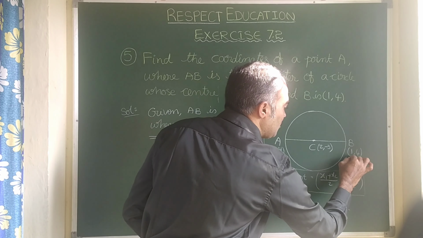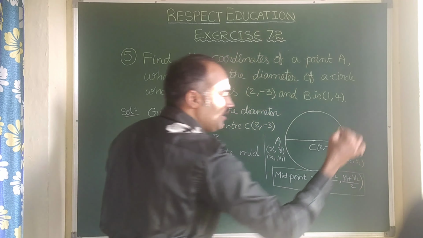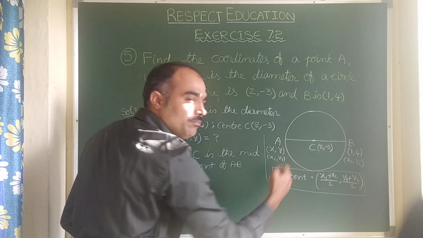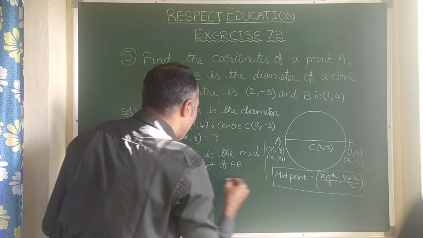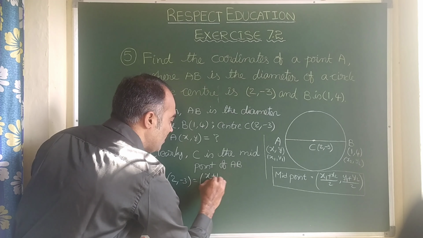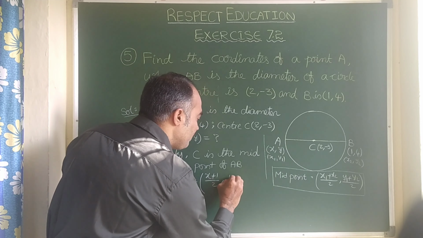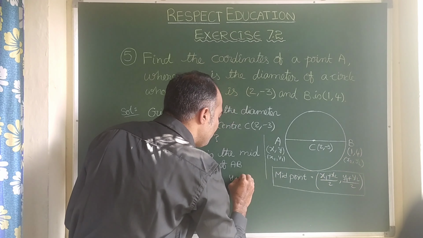This is x2, y2. Now let us apply the midpoint formula for A and B. (x1 plus x2) by 2 means here (x plus 1) by 2, comma, (y plus 4) by 2.